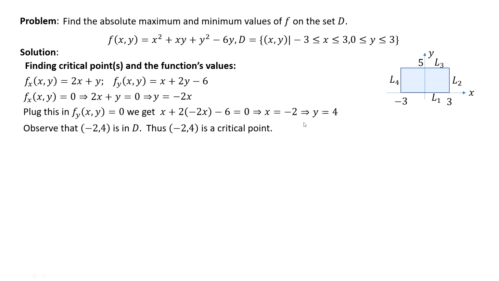Yes, it is true that negative 2, 4 satisfies the conditions. Partial f with respect to x and partial f with respect to y would be 0 there. But maybe that point is not inside the domain. So you first need to make sure that it is in the domain in order to classify it as a critical point. Okay?